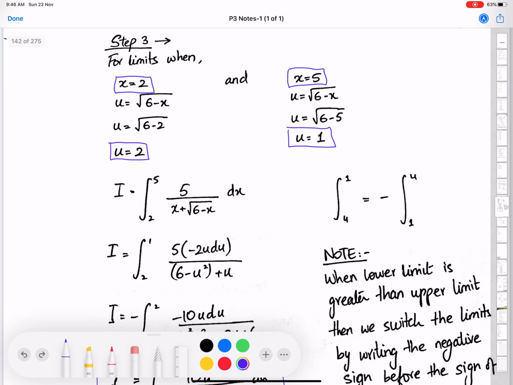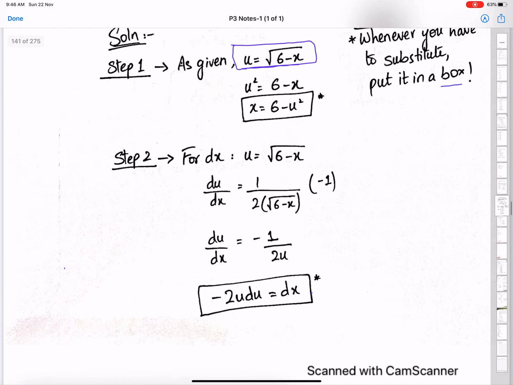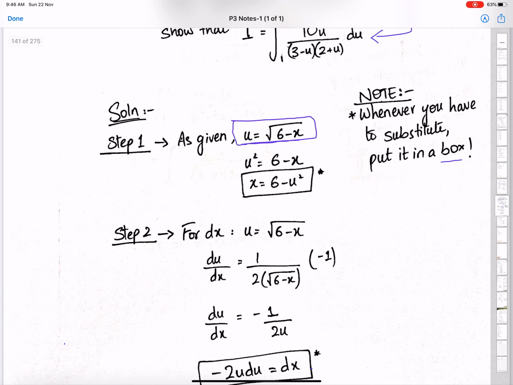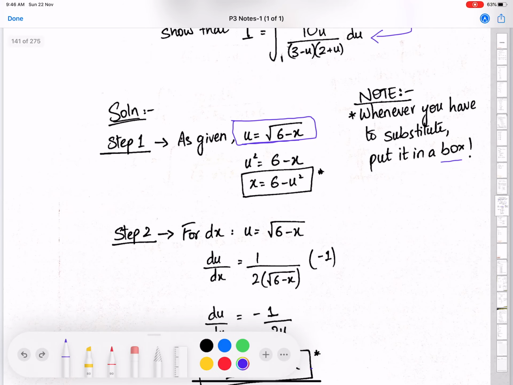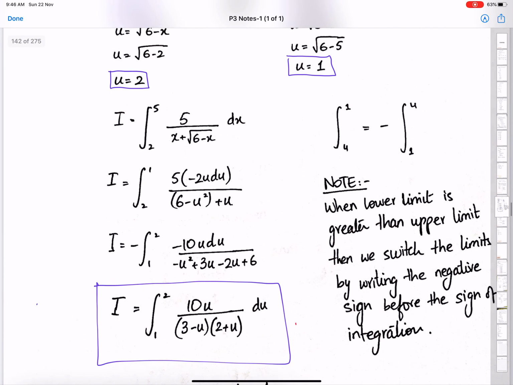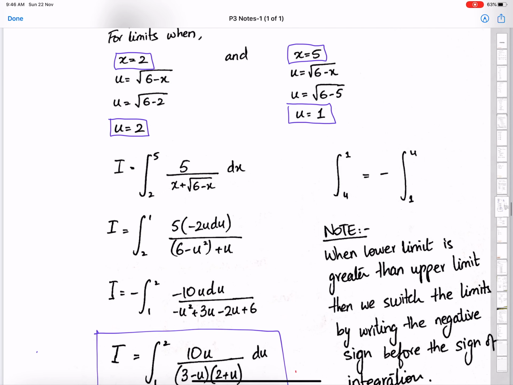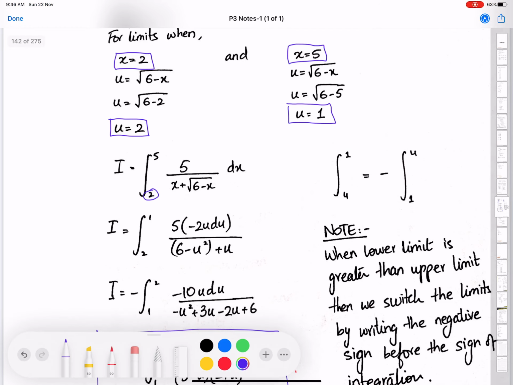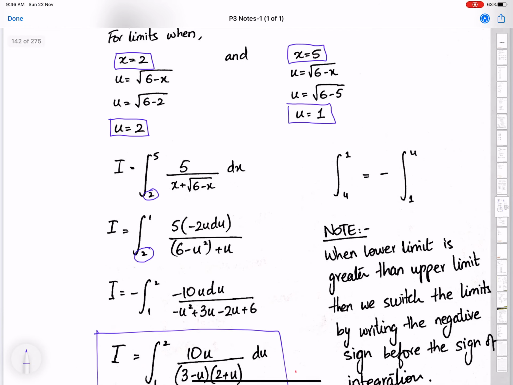For that, you need to make this x the subject for the substitution. And make sure you substitute the limits accordingly. Like you should substitute the corresponding lower limit, and the corresponding upper limit as well.